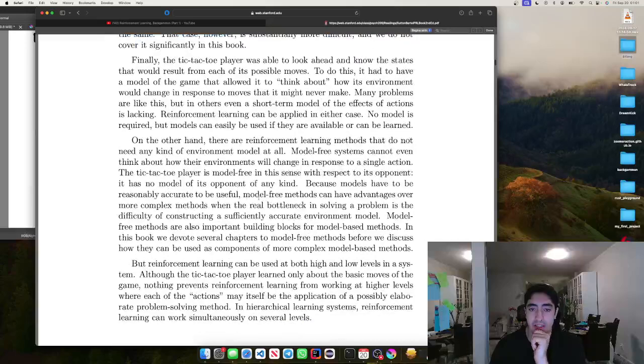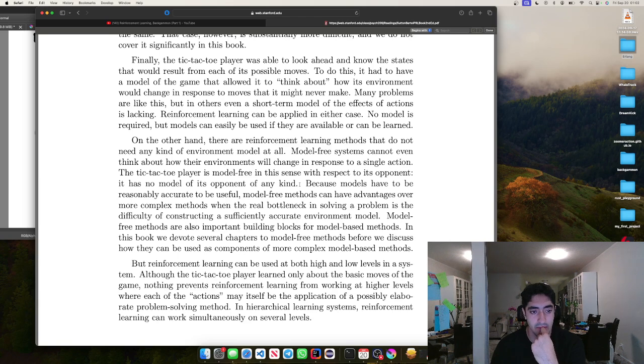On the other hand, there are reinforcement learning methods that do not need any kind of environment model at all. Model-free systems cannot even think about how their environments will change in response to single action. Tic-tac-toe player is model-free in this sense with respect to its opponent. It has no model of its opponent of any kind.